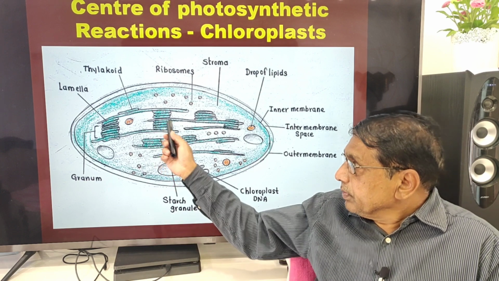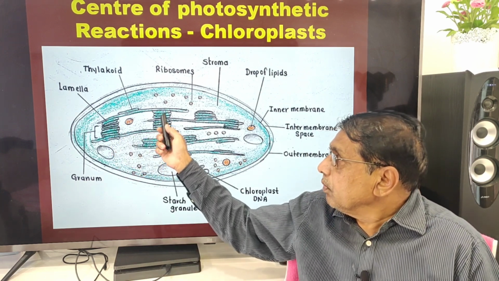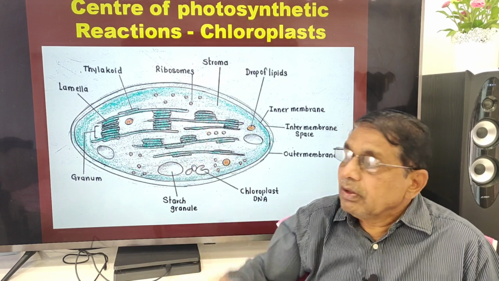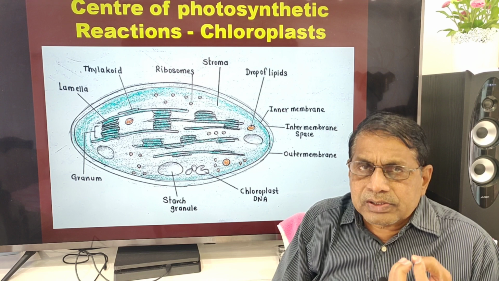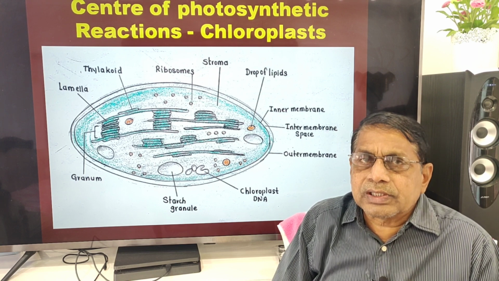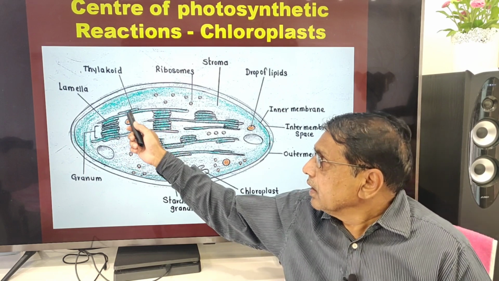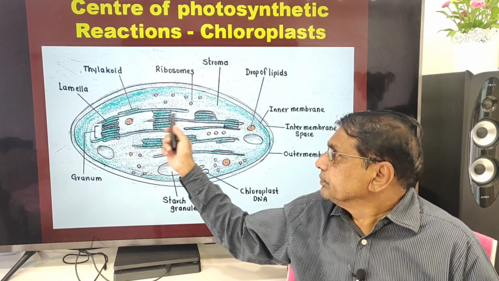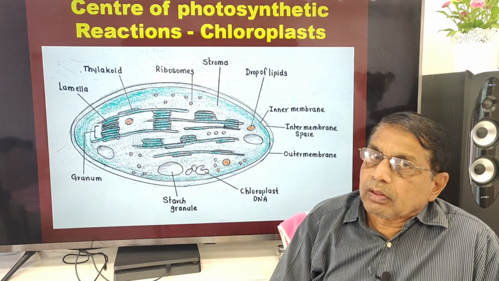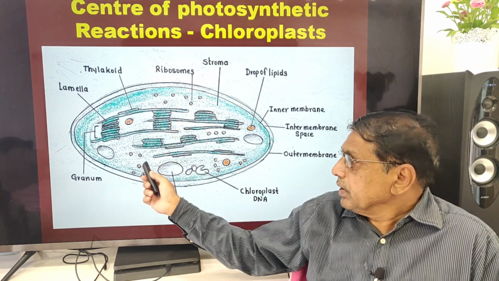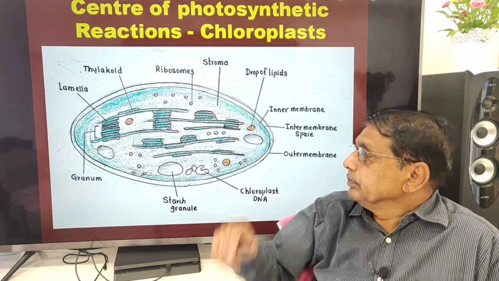Here the chlorophyll molecules or pigment molecules are located, and all the requirements for photosynthetic light phase reactions are present in the thylakoids. Whereas the dark phase reactions, the Calvin cycle reactions, take place in the stroma.